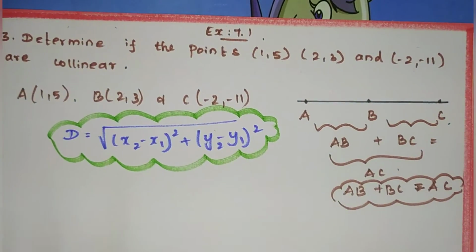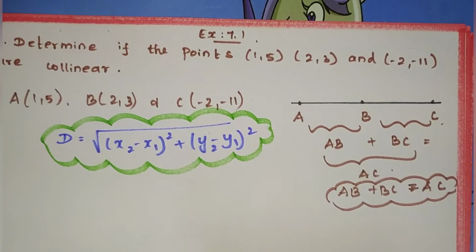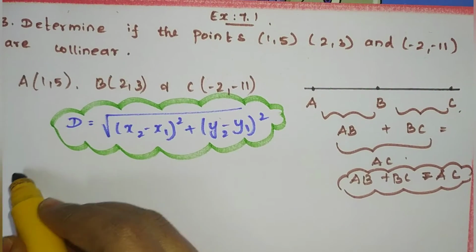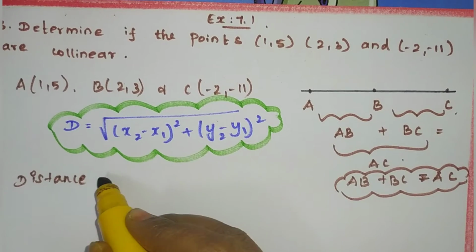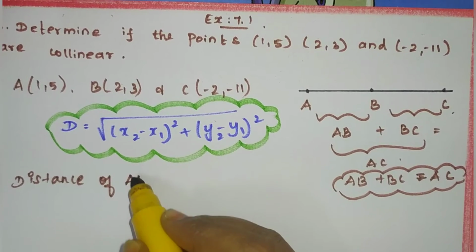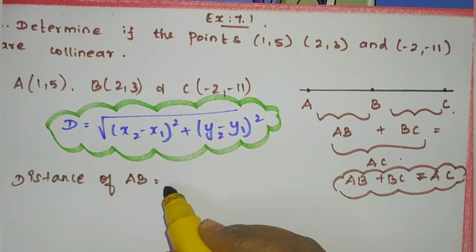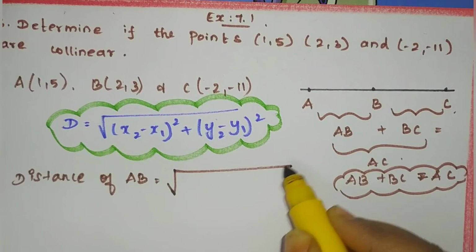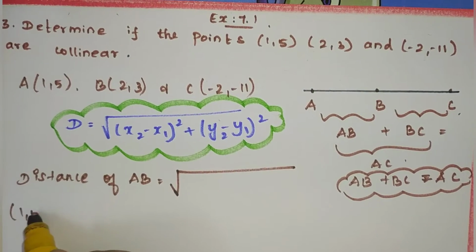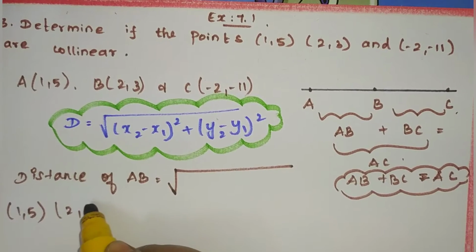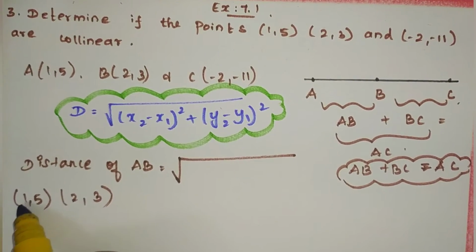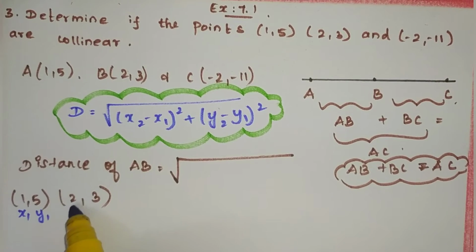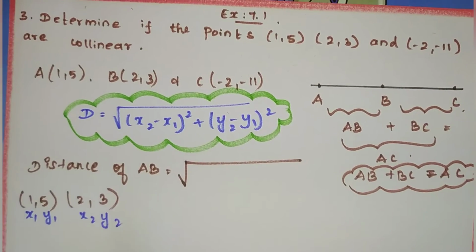First I am going to find the distance of AB. AB is equal to root of, A point is (1, 5) and B point is (2, 3); write which one is x1, y1, x2, y2.